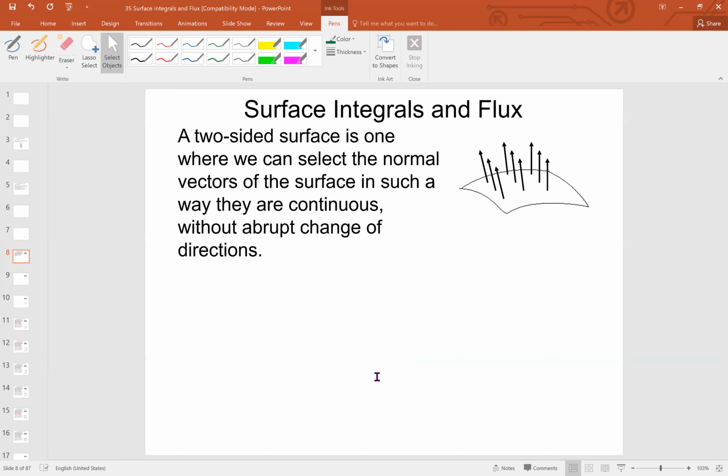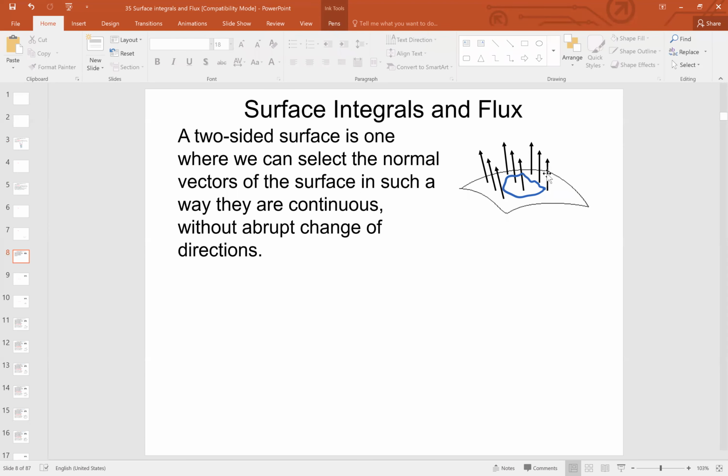It's orientable. That is, you can choose directions for the surface, choose sides for the surface. You can select normal vectors, perpendicular vectors, all to one side, such that this vector field is continuous. What do we mean by continuous? Think of any path on the surface.